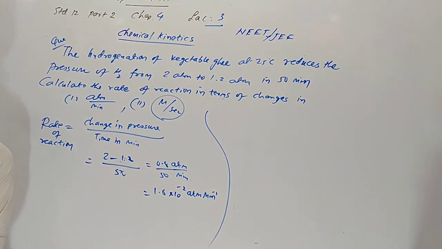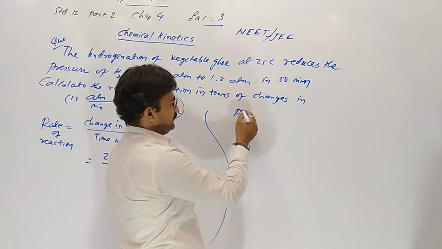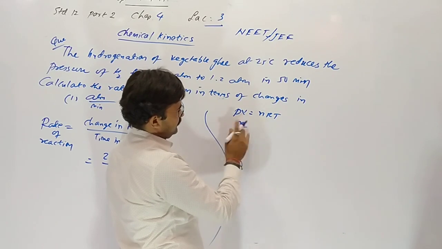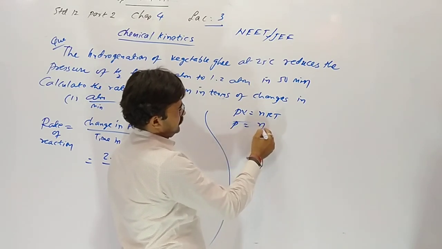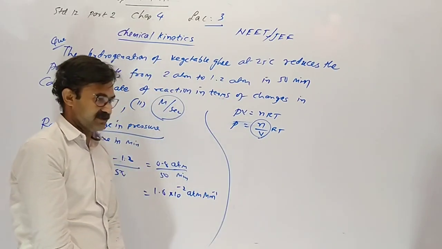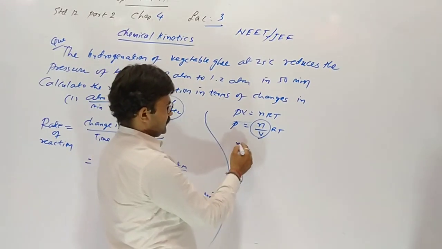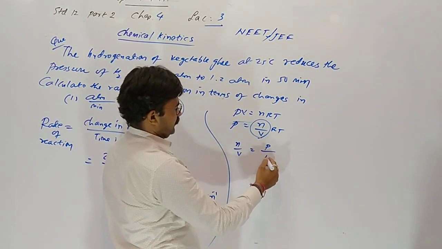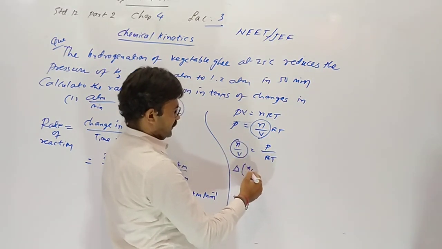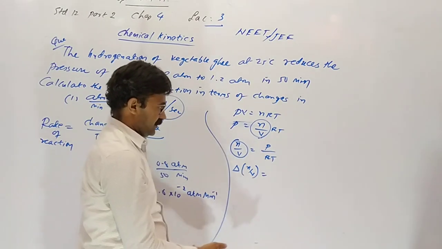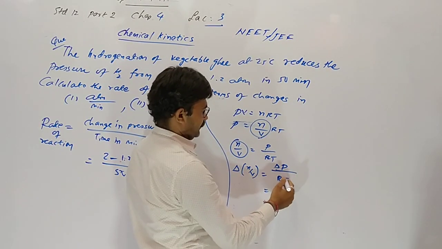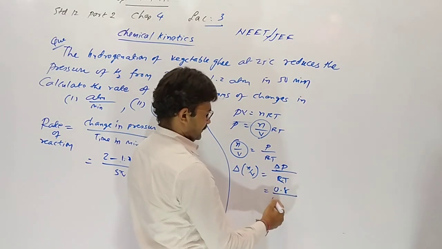So we have to use formula PV is equal to nRT. So P is equal to n upon V RT. n upon V means concentration, mole per liter. So mole per liter is equal to P upon RT. So this is concentration. Change in concentration comes P upon RT. So here change in pressure 0.8.